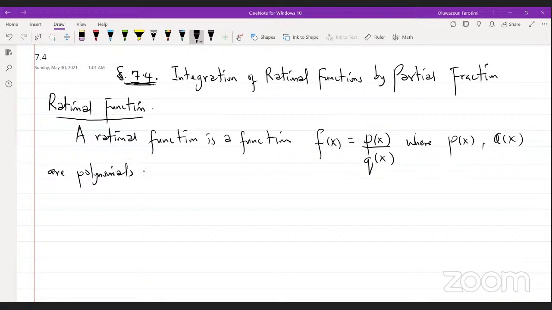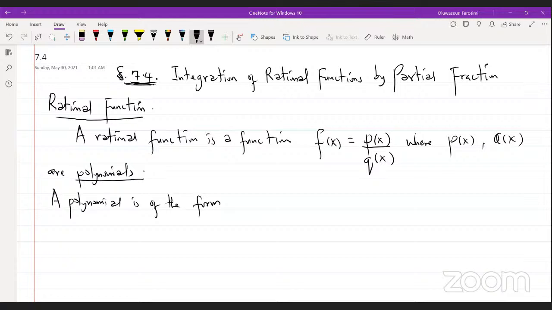Of course, let me still remind you guys what a polynomial is. A polynomial is of the form, how do we write polynomials, guys?